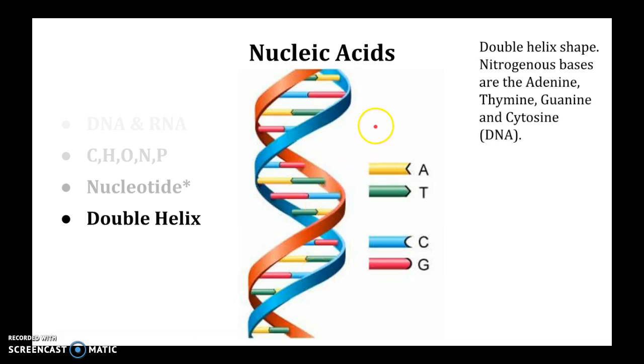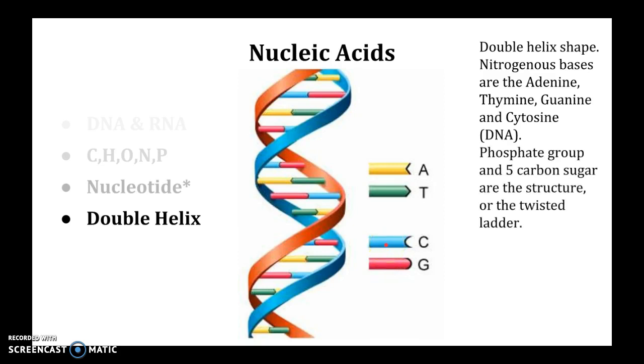The nitrogenous bases are adenine, thymine, guanine, and cytosine. It's made up of a phosphate group and a 5-carbon sugar. Those are the twisted ladder shapes.